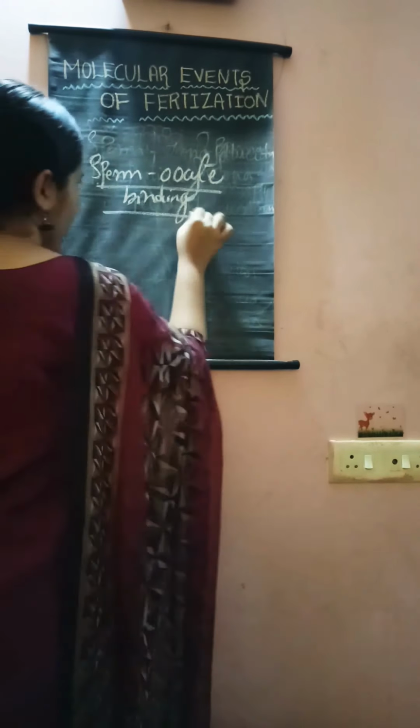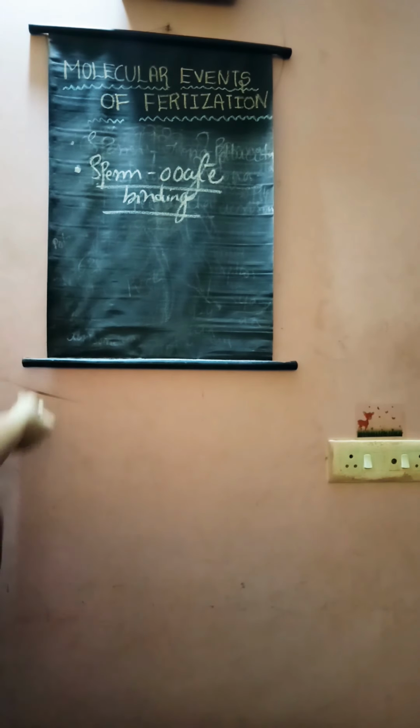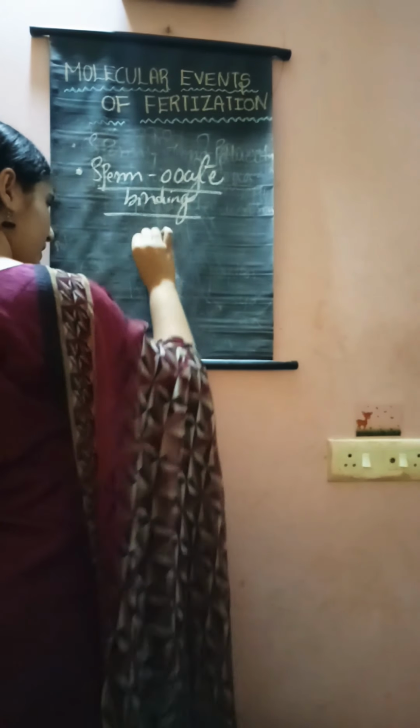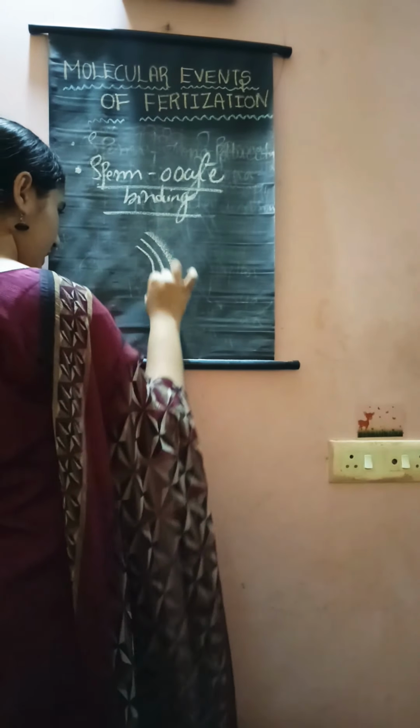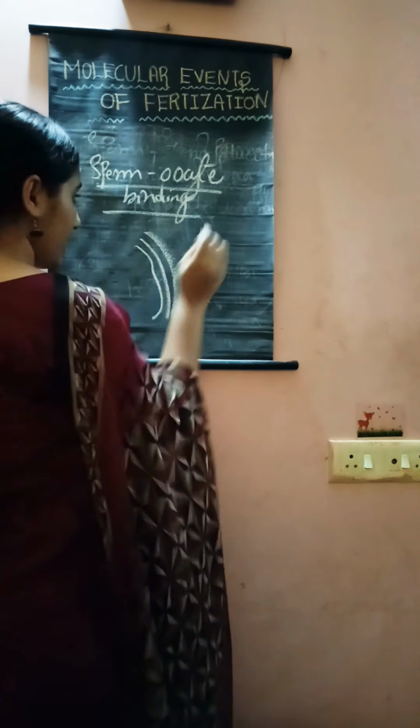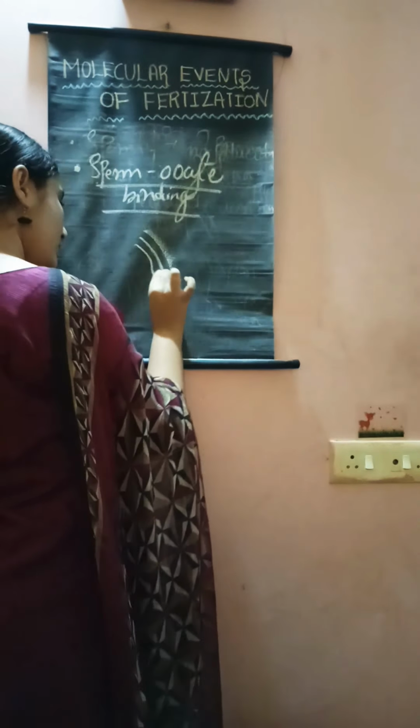Now, when a sperm is crossing the PVS membrane, it has to reach the cytoplasmic membrane or the plasma membrane of the oocyte. Now you remember that the oocyte has a zona pellucida, PVS, and then comes the cytoplasmic layer or the plasma membrane. Now the sperm has to reach here and fuse in.